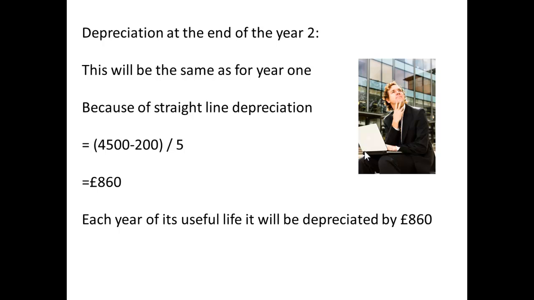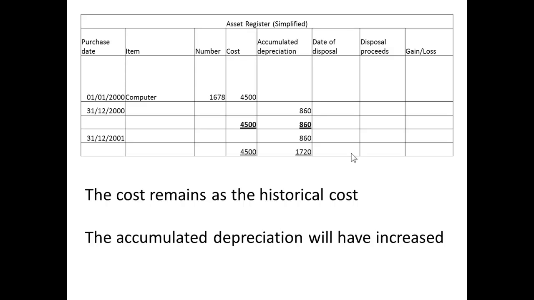So the depreciation at the end of year 2 is going to be exactly the same as year 1, because remember we said we were using straight line depreciation. So 4,500 minus 200 divided by 5 is £860. So every year of its useful life we depreciate it by £860. So we need to make that entry into the asset register.